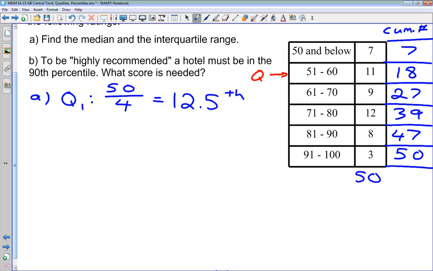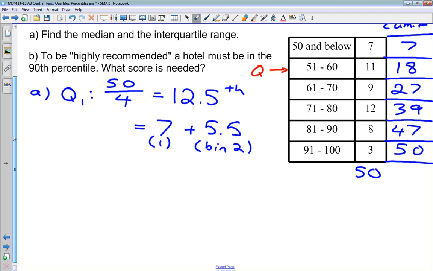So which number do we want in that bin? Well, we don't know what all of the individual numbers are in that bin, but we know that there are 7 numbers in our first bin. So this is like bin 1. To get up to our 12.5, we need to have 5.5 numbers out of bin 2. So 7 numbers out of bin 1, 5.5 numbers out of bin 2 give us this 12.5 number that we're going to look at.